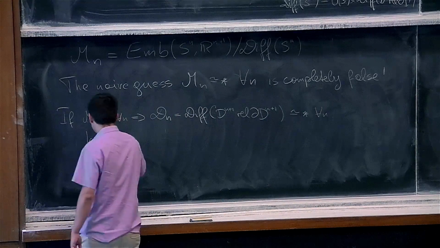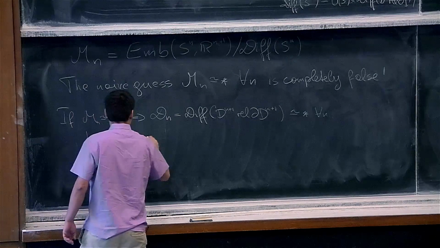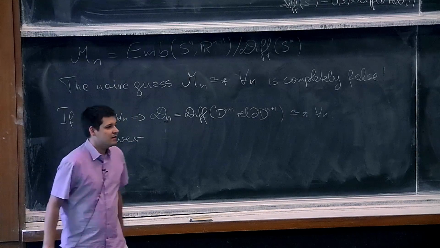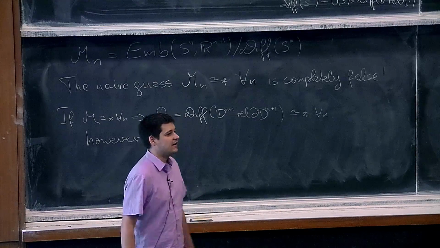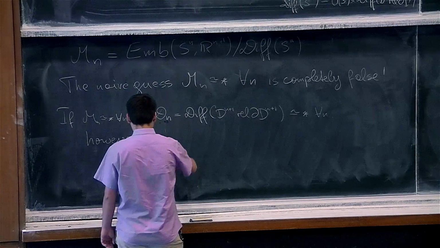However, it is known that this has non-vanishing homotopy groups for every n bigger or equal to 4.